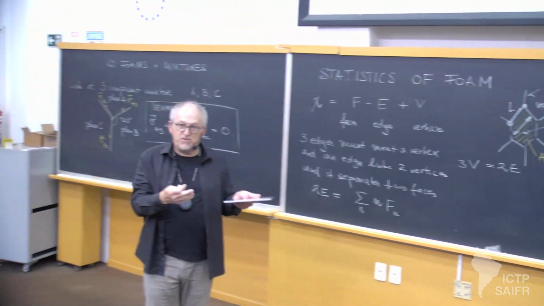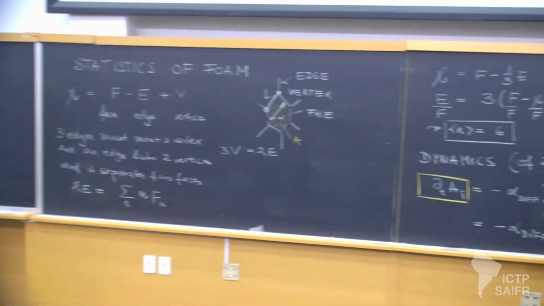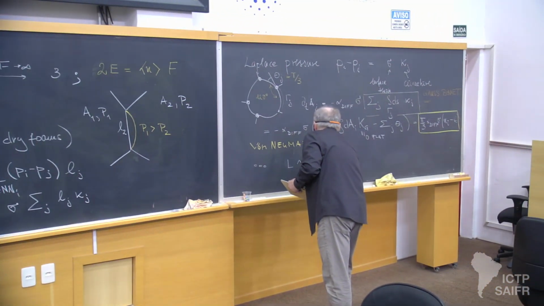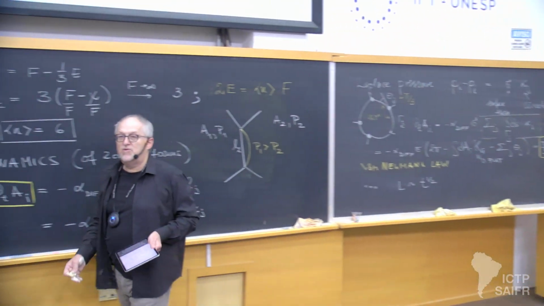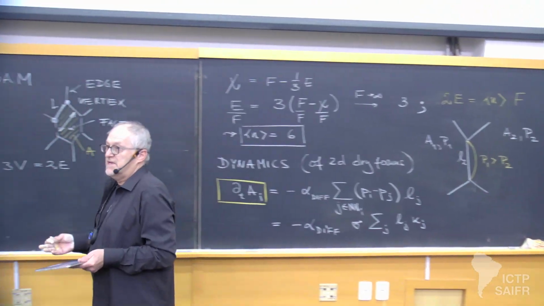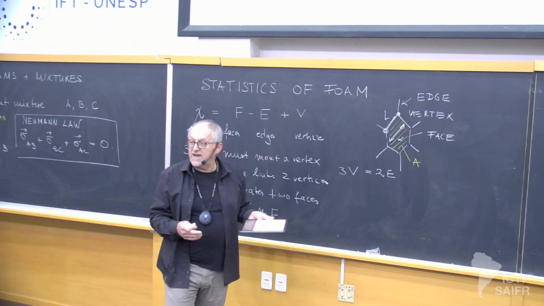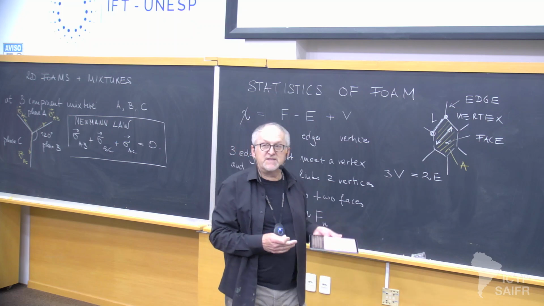We heard for a 2-component mixture it is t to the 1/3. Here, the coarsening law is t to the 1/2. And the way you can get this is, again, you make an assumption that there's universality in the bubble size distribution, or you actually work it out step by step from the mechanics.